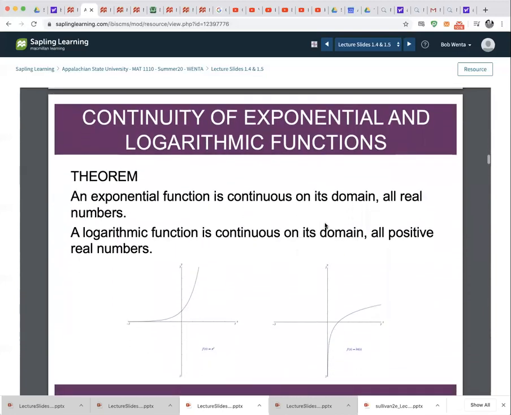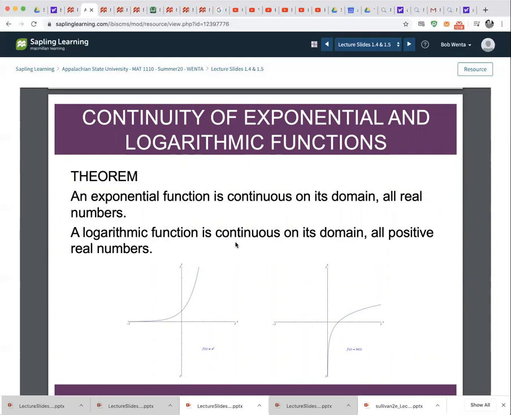The other two that they mentioned in the section are that exponential functions are continuous. There are no gaps in this situation at all. Continuous on its domain, all real numbers. So for an exponential function, e to the x, anything to the x power, it is continuous on all real numbers.